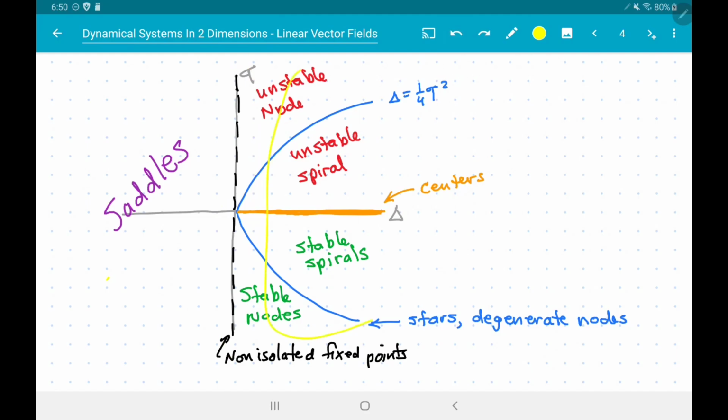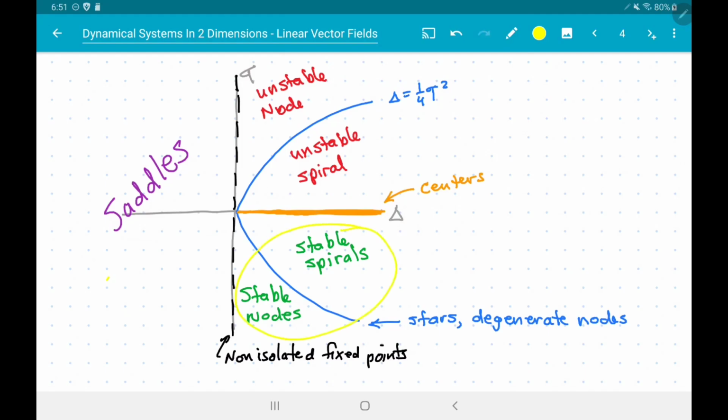On the right half of the plane is where you get spirals and nodes and centers and a few other things. The centers happen where the trace is 0. That's where you get a pair of pure imaginary eigenvalues. And if you work it out, the determinant comes out positive right there.